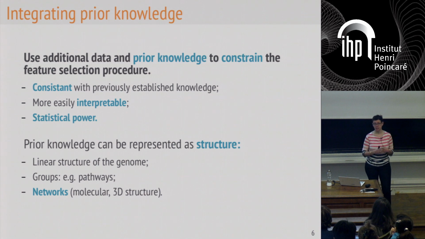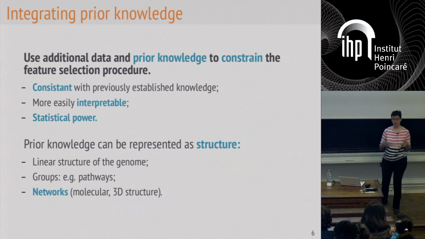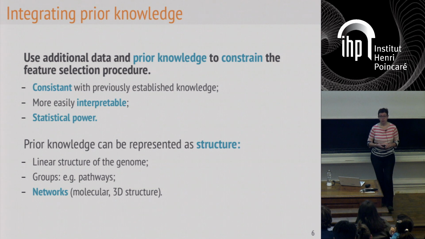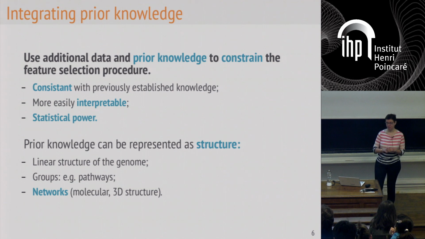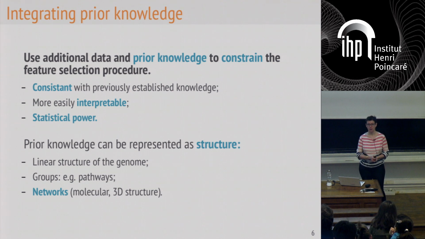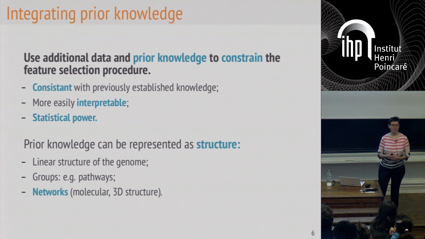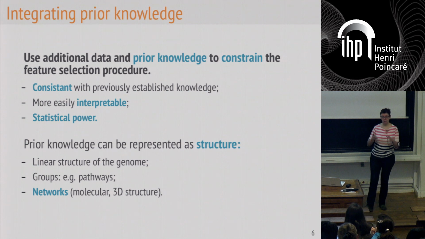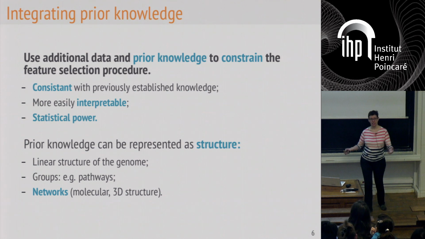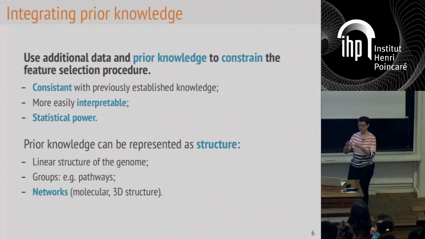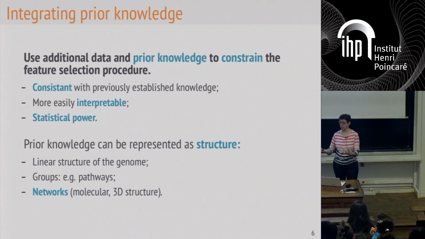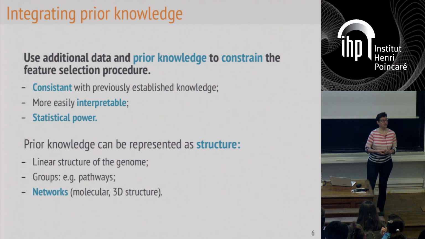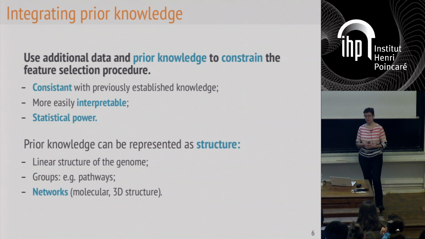There's an entire field in computational biology called systems biology, and maybe systems biologists will find this a caricature, but from my point of view, what they're doing is organizing knowledge about genetics and biology in groups and networks of things that work together. This is very useful because we can use it as prior constraints on our problems.